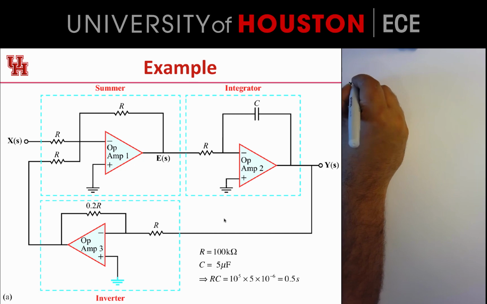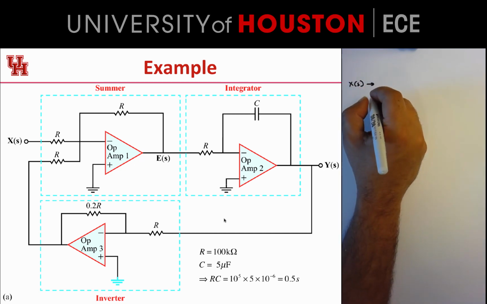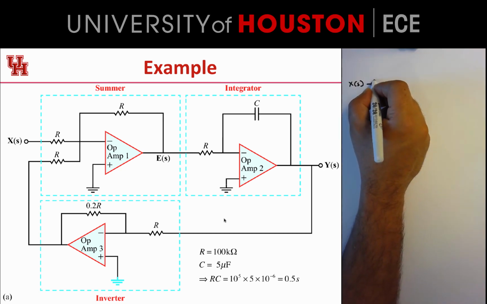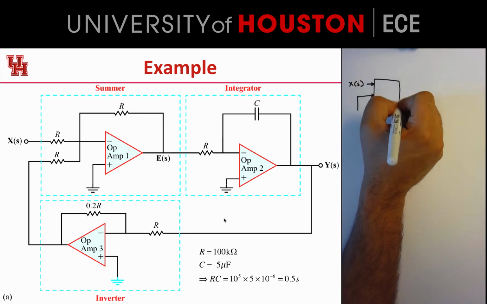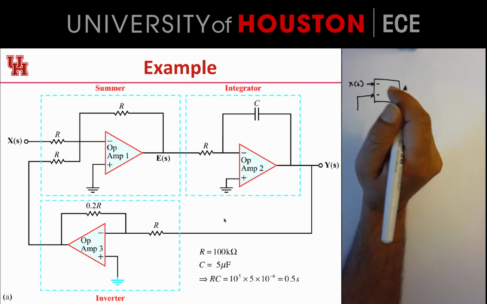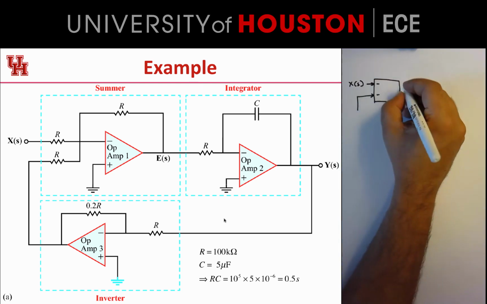One input is X(s), and the other is the feedback input coming in from op amp number 3. This op amp does an inverting summation of these two.